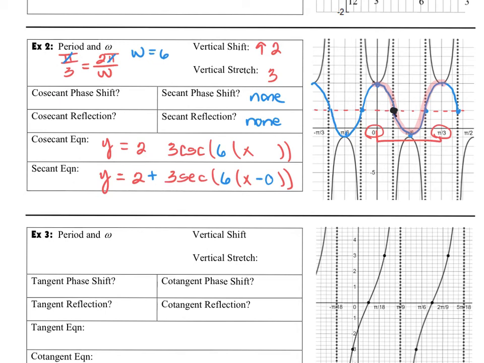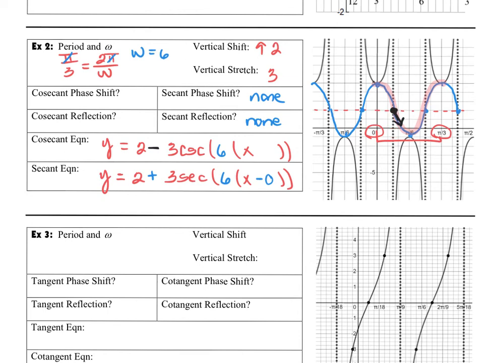If I start tracing that, I'm going to go down. That means that my cosecant graph, looking at this in terms of a sine, starting here, would create a reflection. So the cosecant is going to have the minus right here. Now I need to know where this asymptote is, and we'll notice that on our graph it's not actually labeled.